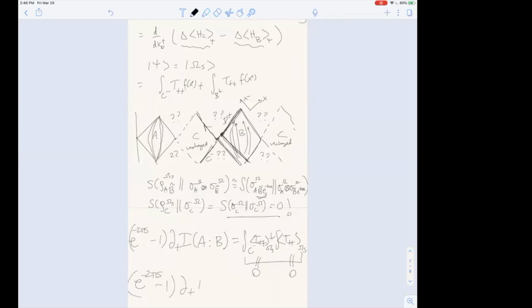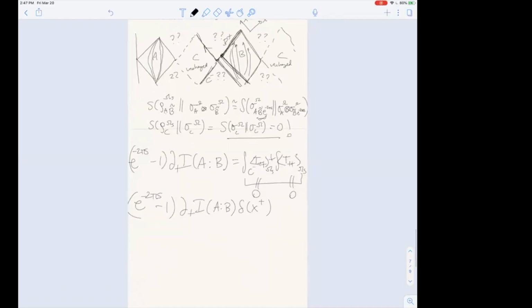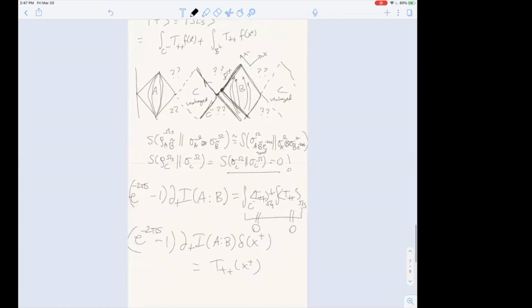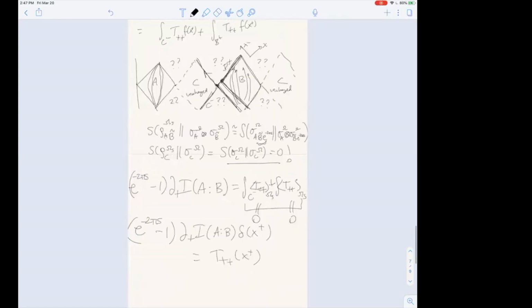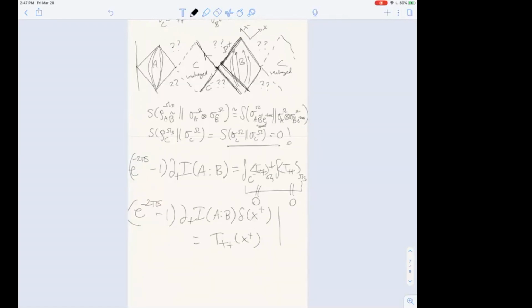So when the dust settles, you find that the stress tensor has this form. Okay, where the delta function is centered along this x plus coordinate. All right, if you didn't follow the details, that's fine.